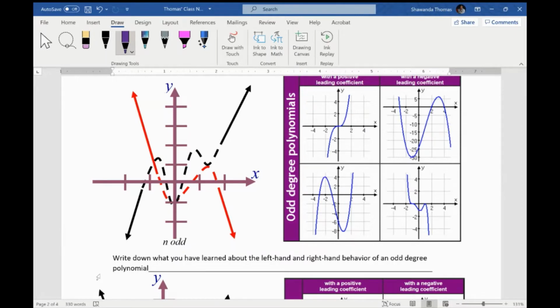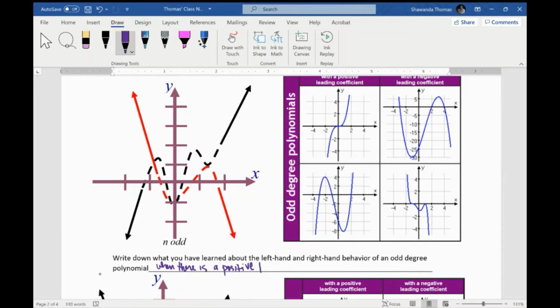Not necessarily. What makes it go up or down depending on the side? When it's an odd degree and it has a positive leading coefficient, it's going to rise on the right and fall on the left. When there is a negative leading coefficient, it's going to rise on the left and fall on the right.